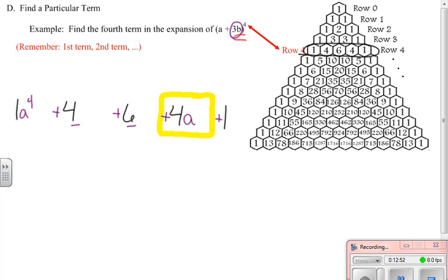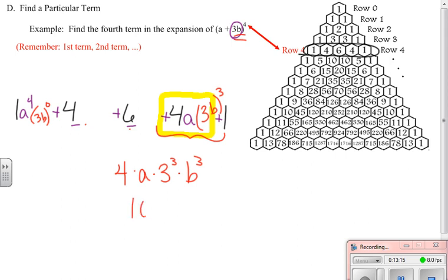Then this term would be 3b0, 3b1, 3b2, 3b cubed. The only term I have to expand out is this one. So I have 4 times a times 3 cubed times b cubed. And so I have 4 times 27, which is 108 ab cubed.